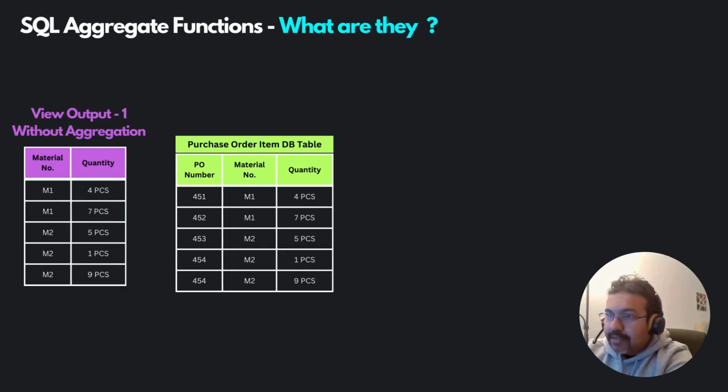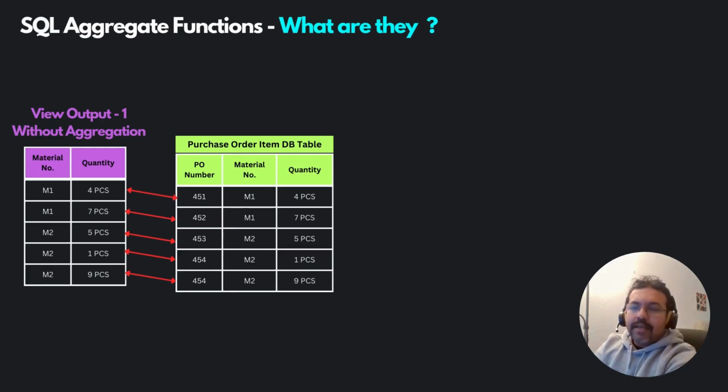I would get 2 records for the material M1 corresponding to these 2 records in the data source, and I would get 3 records for material M2 corresponding to these 3 records in the data source, right? So in effect, all records from the database table are being reported. There is no summarization or aggregation going on, right? So whatever is there in the database table gets reported as is.